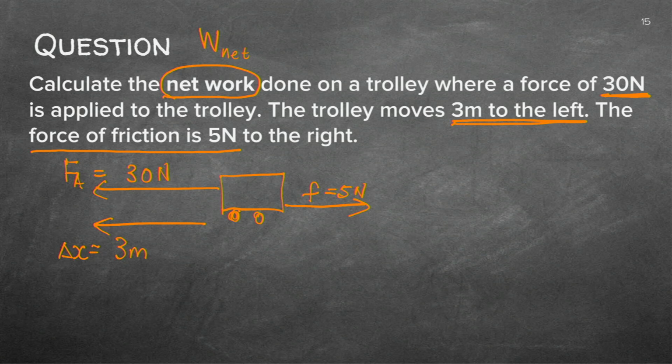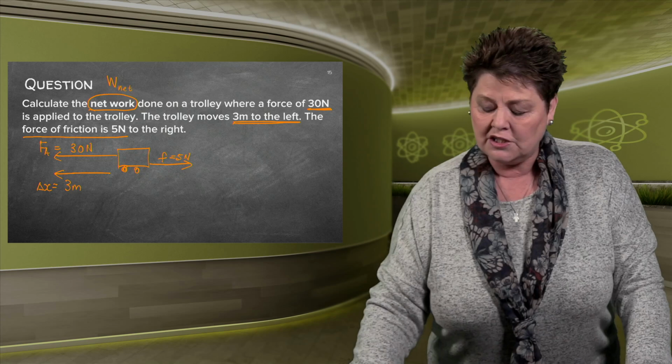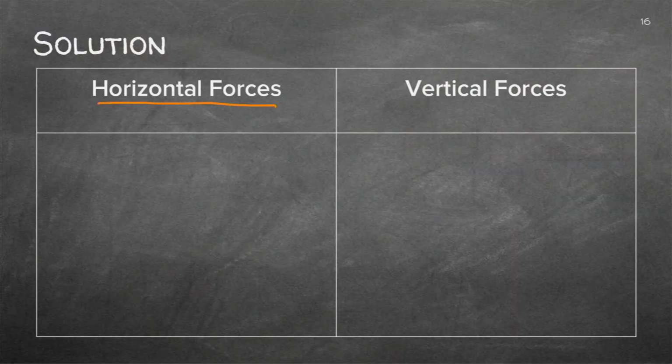I'm quickly going to get back to Newton's laws first before we calculate, just for a little revision. Let's identify the horizontal forces. So we had a force that way, which was 30 Newton, and we said that's the applied force. We also had a force that way, which was the friction, and we knew that was 5 Newton.